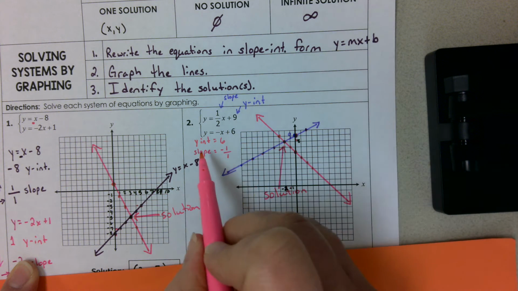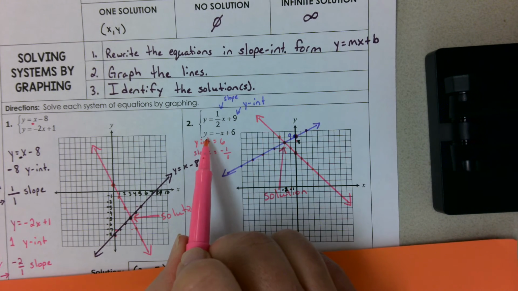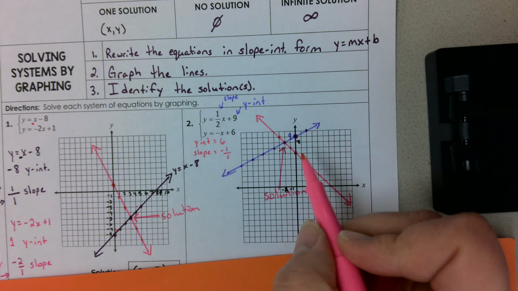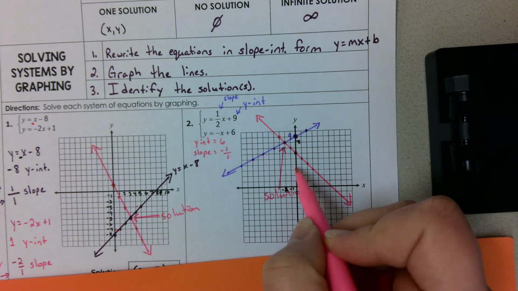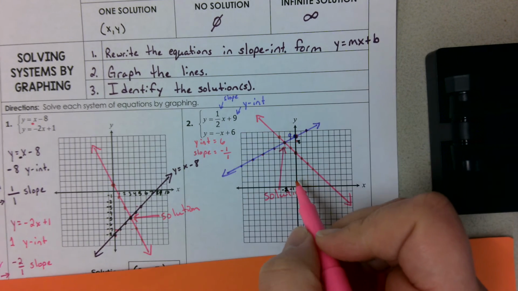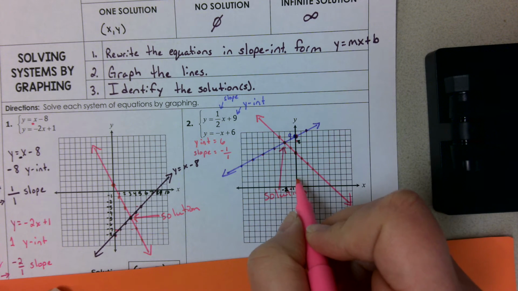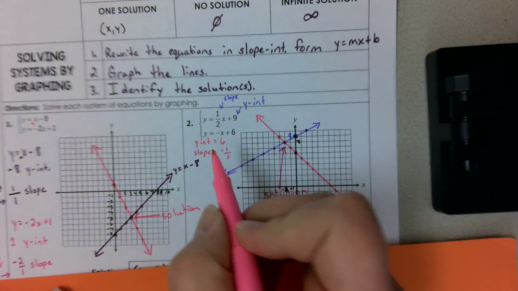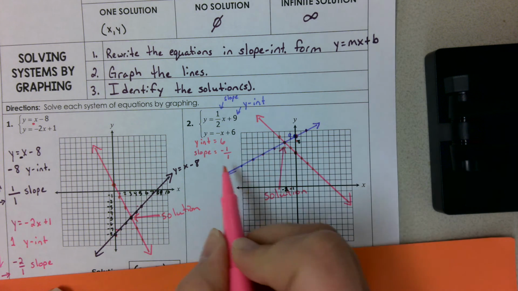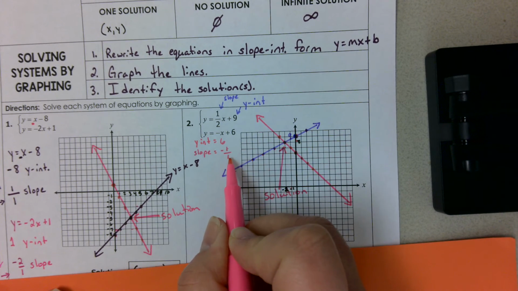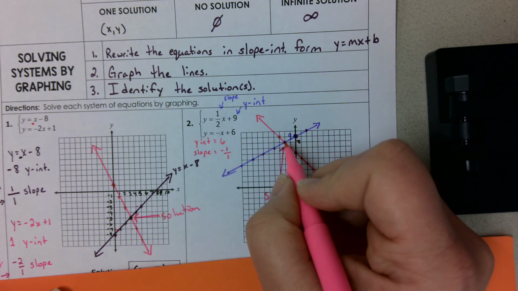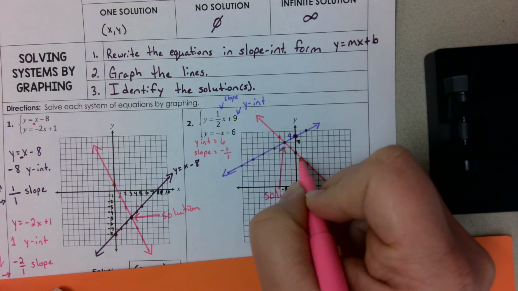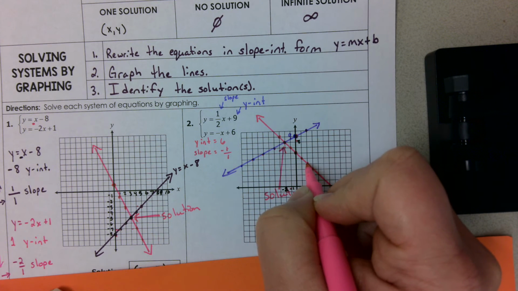The second equation in my system is y equals negative x plus 6. I plot my y-intercept of 6 right here. And all I did was just count here. You can label these when you have graphs to do that with. They went up by ones. So here's my 6. My slope, this negative x, is a negative 1. So I wrote my slope as a fraction, negative 1 over 1. So I'm going to go from here down 1, run 1, down 1, run 1. I'm going the wrong direction though.